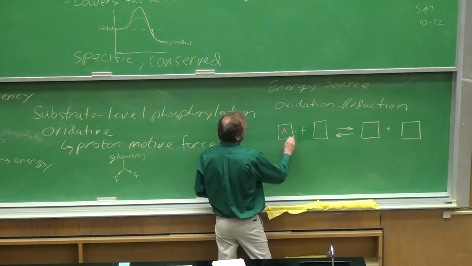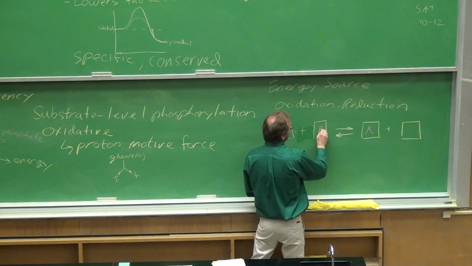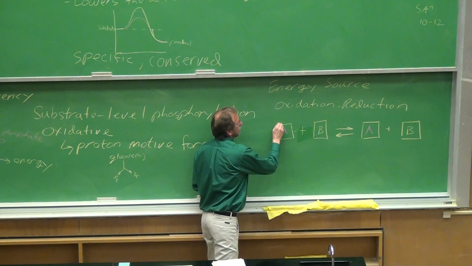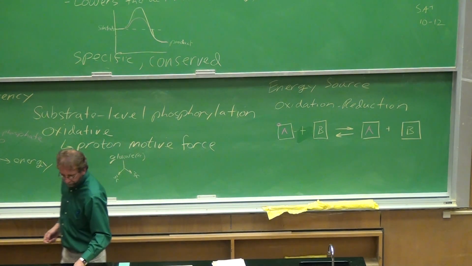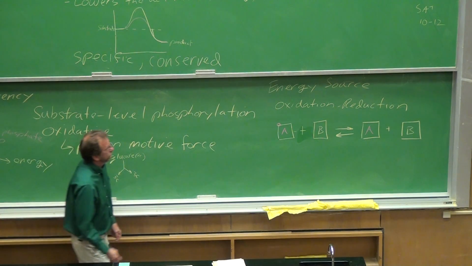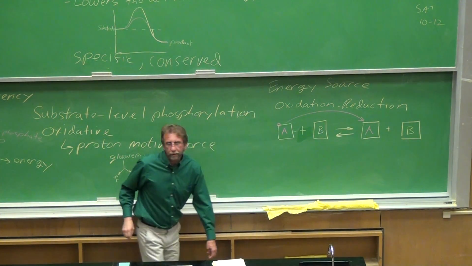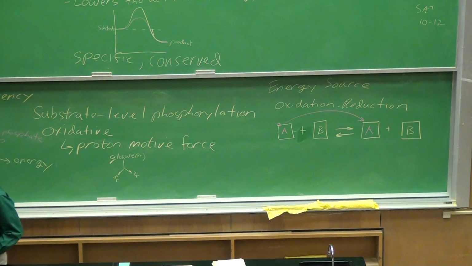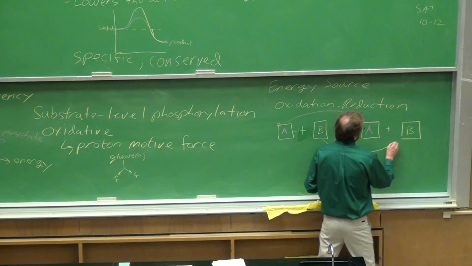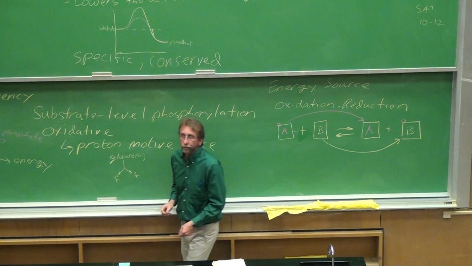So here's molecule A in the reaction. This is molecule B in the reaction. And molecule A has the high energy electron, or the electron that's going to be moved. So in this reaction, A loses the electron. It's been oxidized. And B gains the electron. It's been reduced.